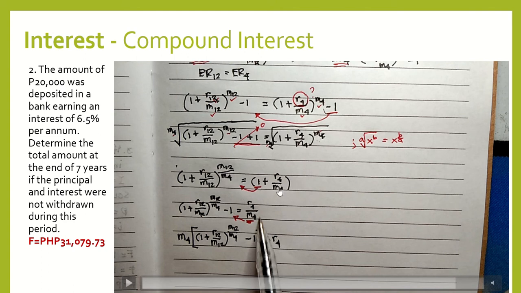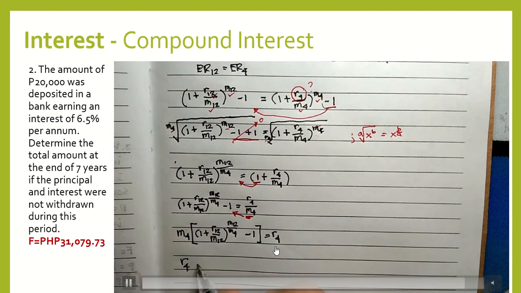Then cross multiply M4, so all of the terms on the other side will be multiplied by M4. So that is why we have this formula here: M sub 4 times the quantity of 1 plus R sub 12 over M sub 12, quantity raised to power M sub 12 over 4, minus 1 is equal to R sub 4.